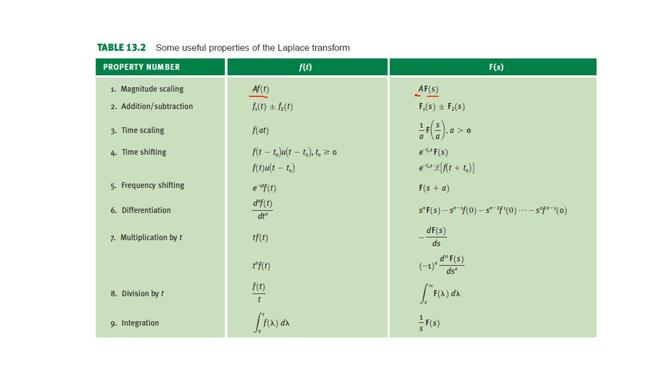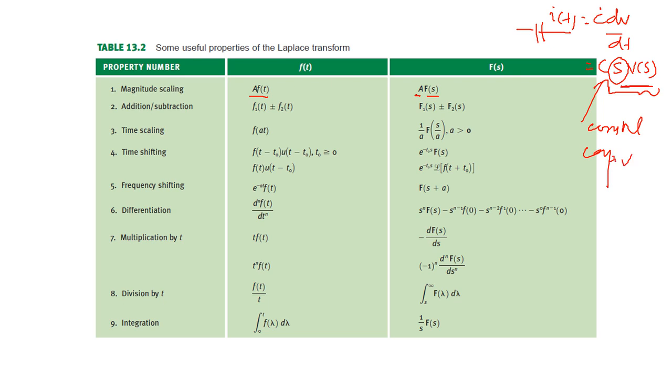That was the reason that in the previous slide, when we wanted to calculate i of t, it was c dv by dt, which was again calculated as c s V of s. This c is capacitance, but it was a constant here. So A is constant here, A is constant here.